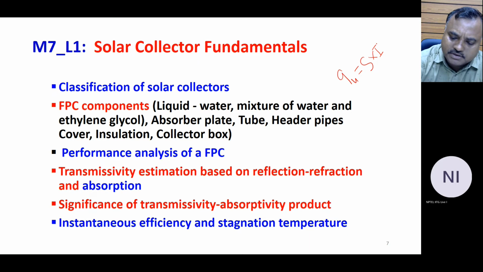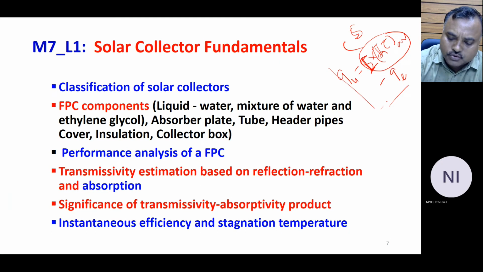Okay, and this may be your I multiplied by tau alpha average, and this will be something like S. Okay, and I is the amount of radiation which is falling on the glass cover, and S is the amount of radiation which is received by the absorber, and then you have QL.